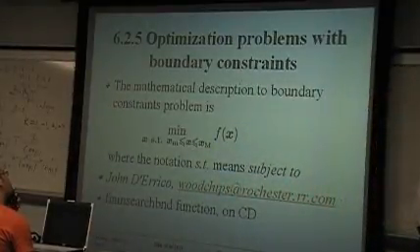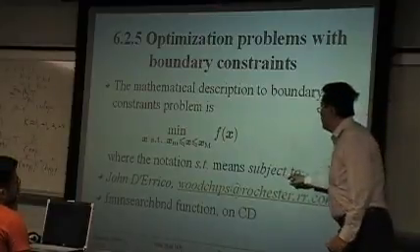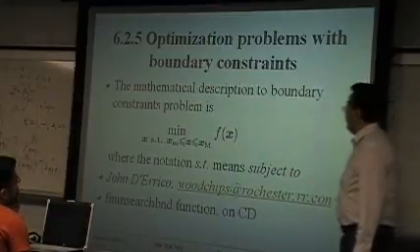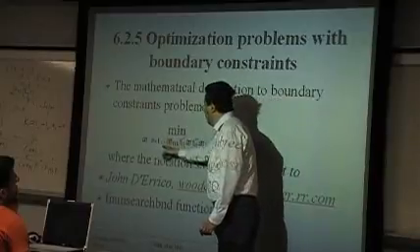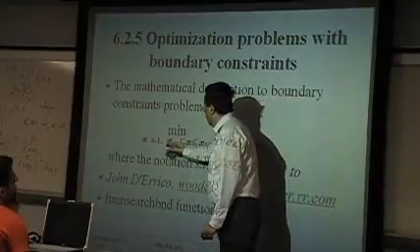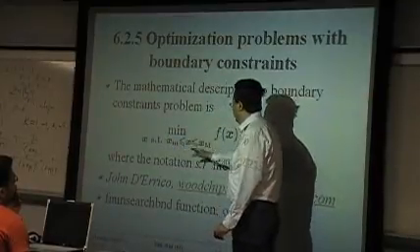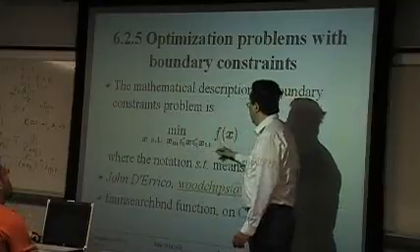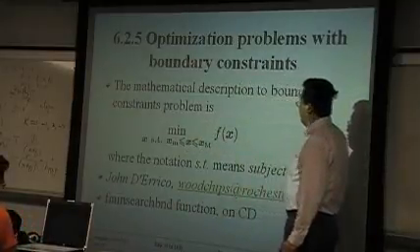And here s.t. stands for subject to, which means that x must satisfy this constraint, and then how to select x to minimize the objective function.